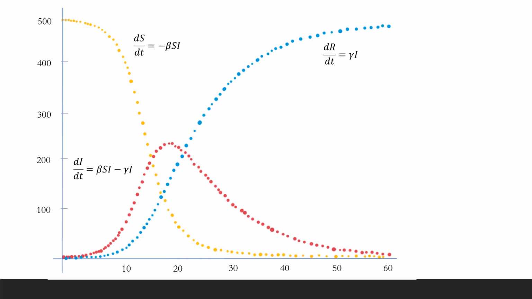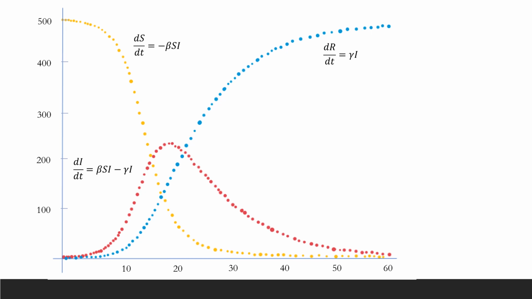After a certain time, there are very few persons in the susceptible compartment and the transition from S to I becomes smaller. Then the transition from I to R, the negative term of the equation, starts dominating and the curve goes in a downward direction.